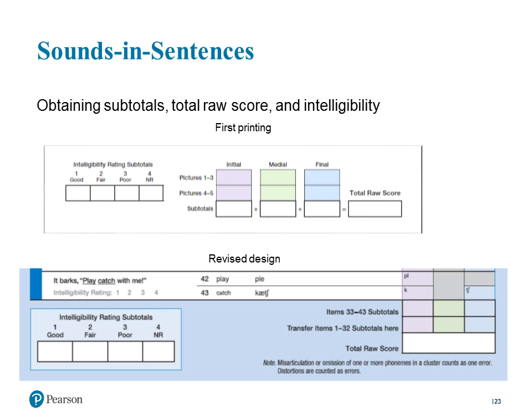The top example comes from the original design, and because it's on multiple pages, you're going to have to look at the different raw scores and add them up for a total raw score. It looks a little bit differently on that revised design. You still have to do some adding, but as you can tell, they're more lined up and they're all on the same page rather than on a separate page.